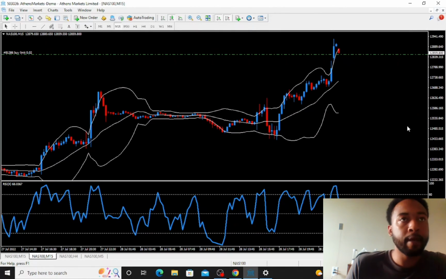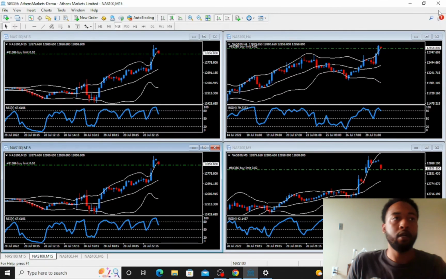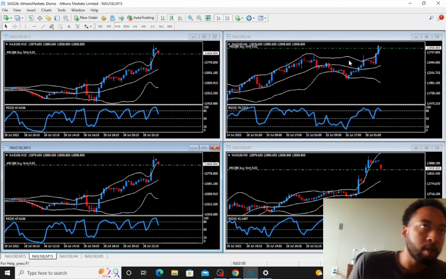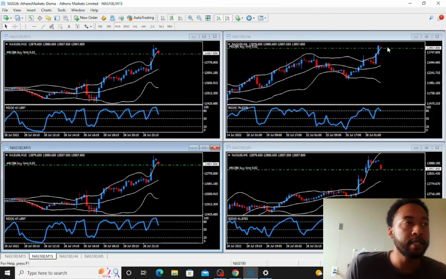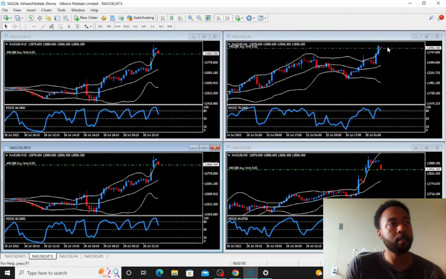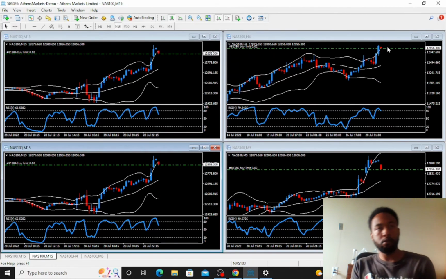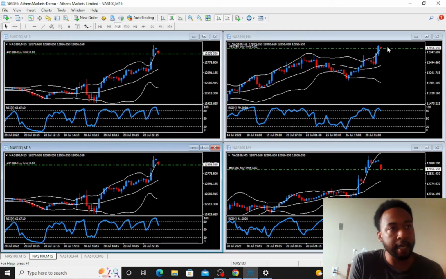Hell yeah, man. This strategy is A1. This Bollinger Band right here is A1 when it comes to identifying whether the market is in a trend or whether it's ranging, man. I'm telling you. And all those people that are having a hard time identifying a range versus a trend, take out the Bollinger Bands, use the default settings, and boom.